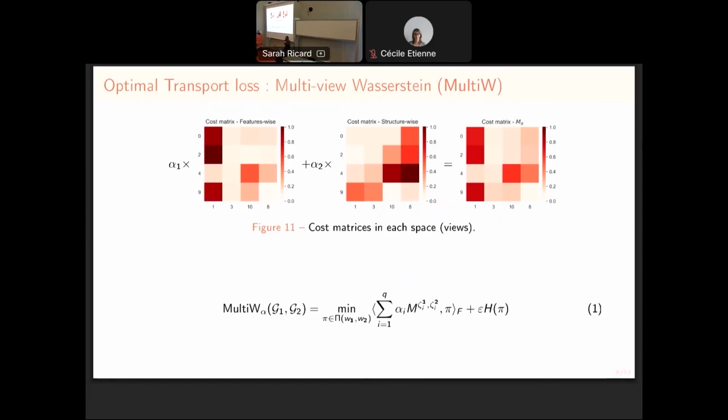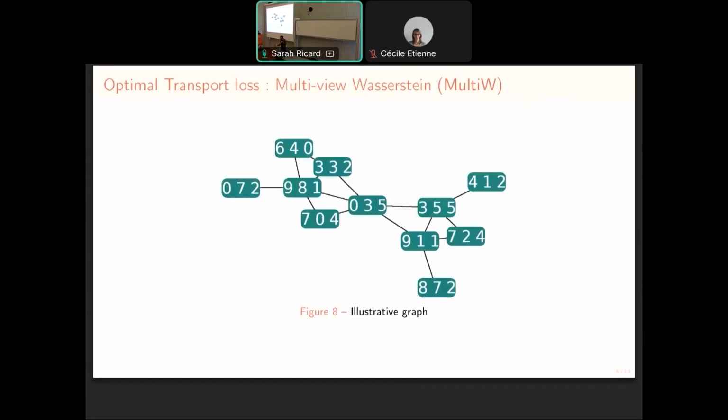Another limitation is that we don't leverage known attributes. In this framework, we don't compare known attributes. So here, for example, let's say that this 5 is missing.